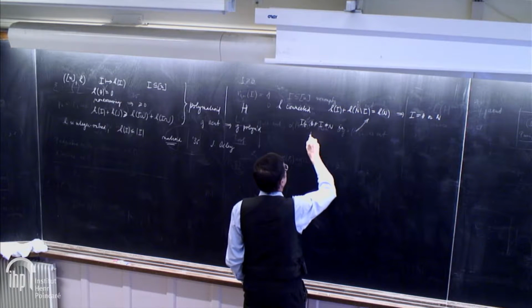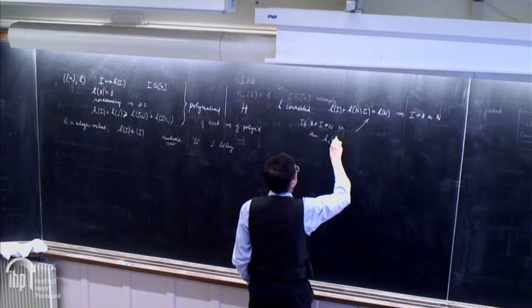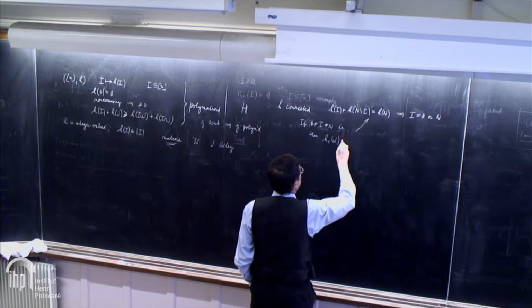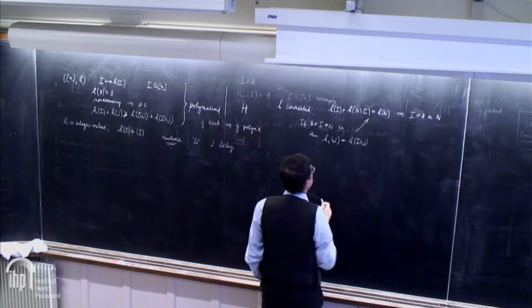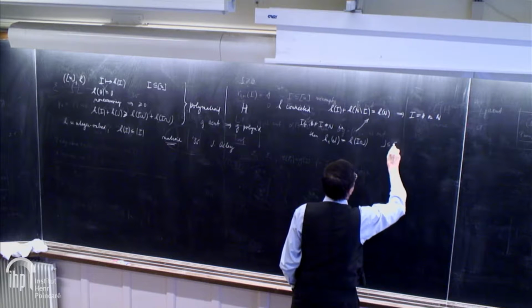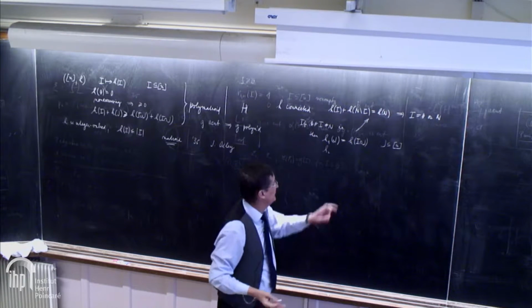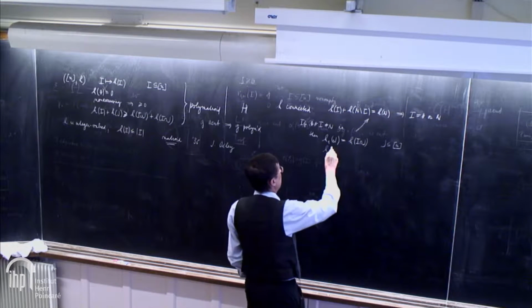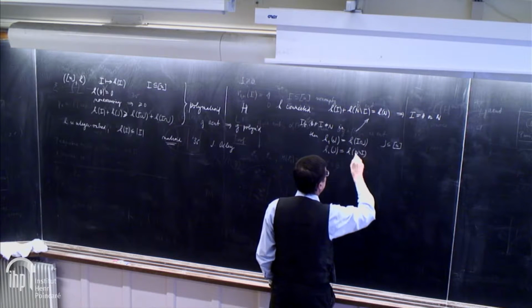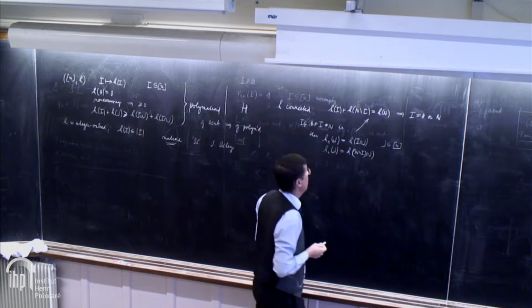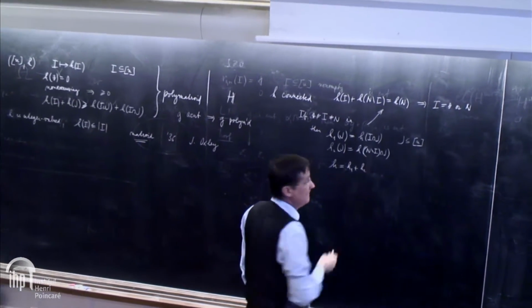Then I can define H1 on I, as h of the intersection of J with I, and H2 on the second part, and then H is equal to H1 plus H2.